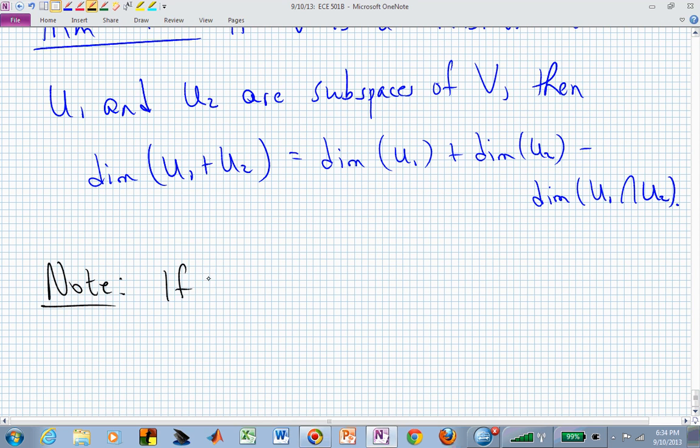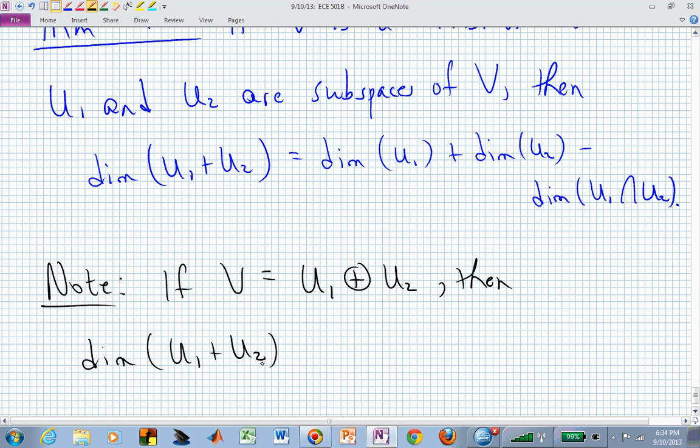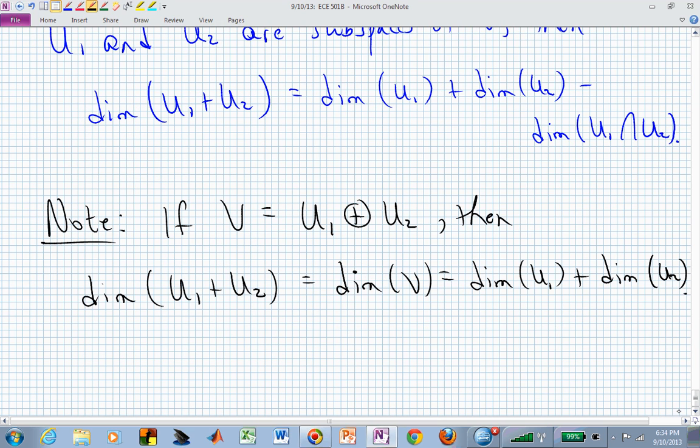And that's what I would like to end with, this following observation or note. If the finite dimensional vector space V is a direct sum of two subspaces labeled U1 and U2, then the dimension of U1 plus U2, which is actually going to be the dimension of V, is the sum of those two subspaces' dimensions separately. We don't have to worry about their intersection.